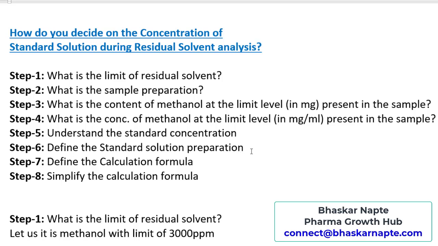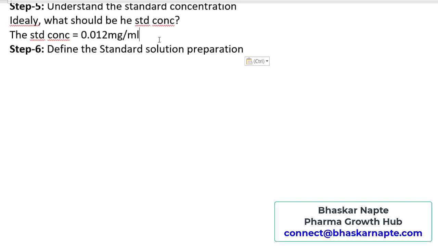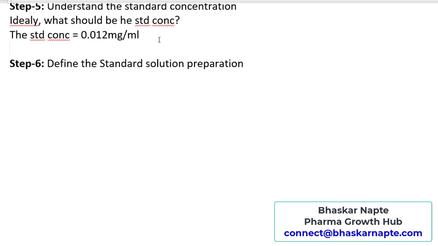Right? Now step number 6. Step number 6 is to define the standard solution preparation. So how are you going to prepare 0.012 mg per ml of methanol? The required concentration for preparation is 0.012 mg per ml.